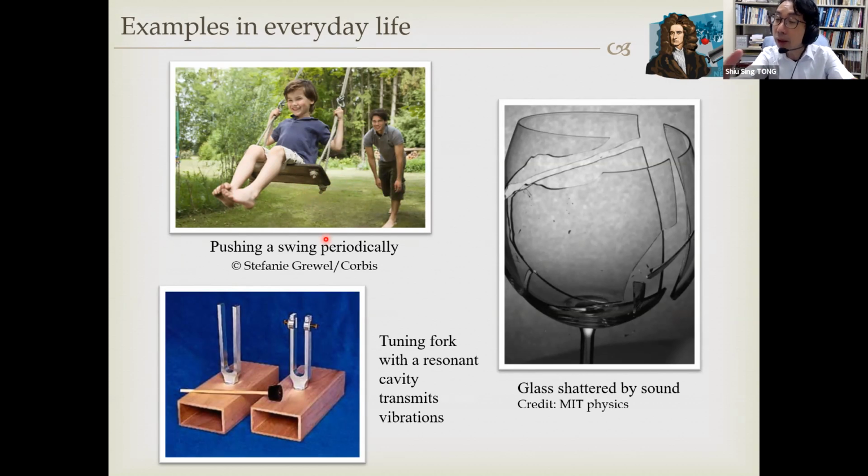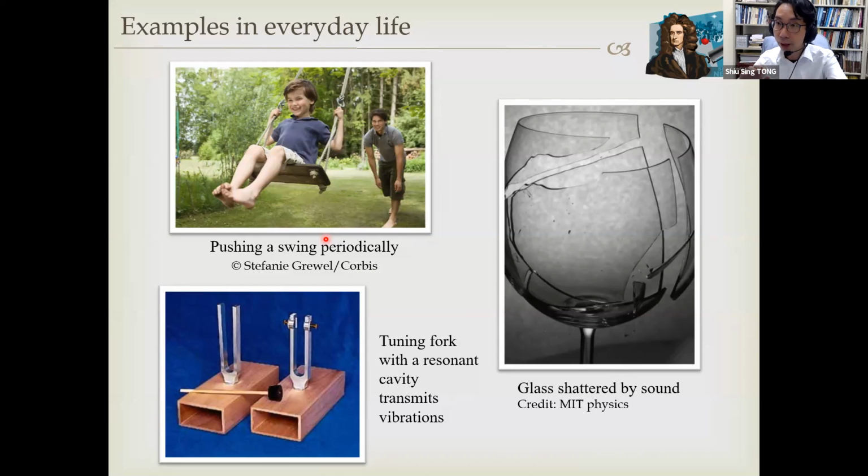Every time the son swings backwards to the maximum height, the father pushes him, right? So the frequency at which the father exerts the force is equal to the natural frequency. If the father pushes at an irregular rate, not matching that frequency, there would be some canceling of force.